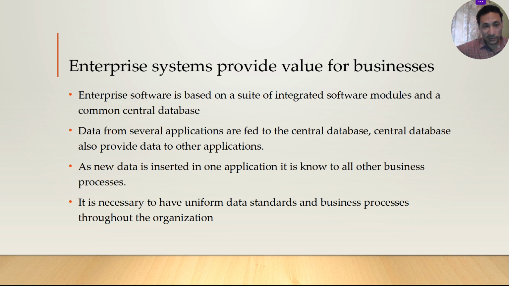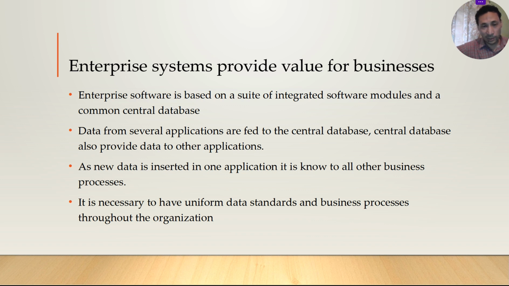Enterprise software or applications are cross-functional software. Enterprise applications span not only one single functional unit, but more than one functional unit. So it is a cross-functional software application. For example, we can consider order processing.